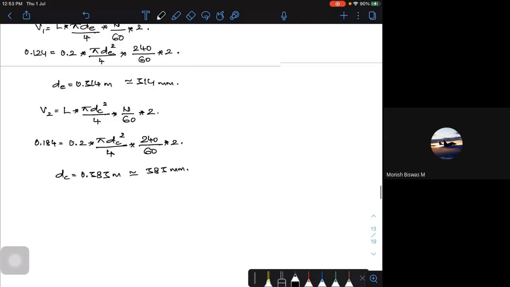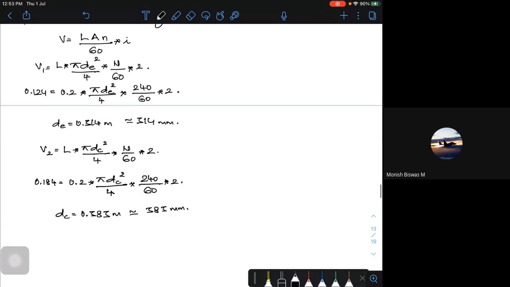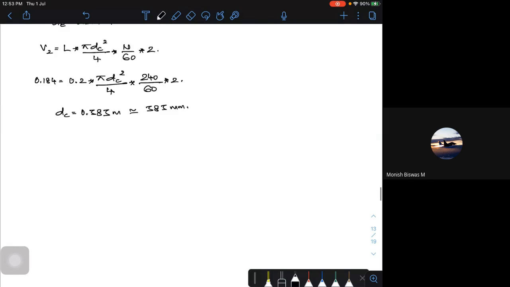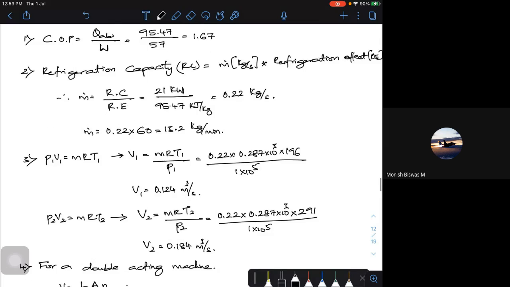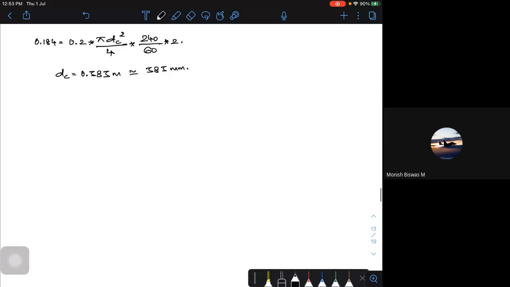Maybe I am left with a few more things actually. So the third one, we have to do the power. Already we got the work done. Multiply by mass flow rate. So the power P is equal to mass flow rate into work done.